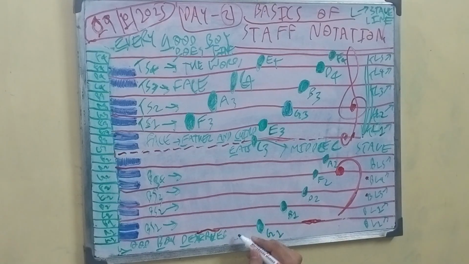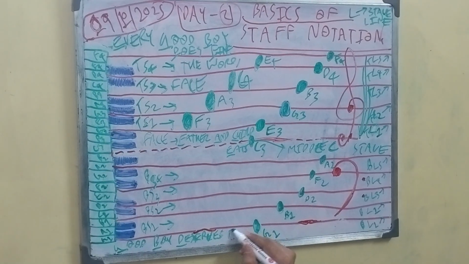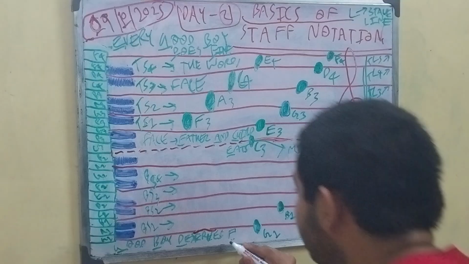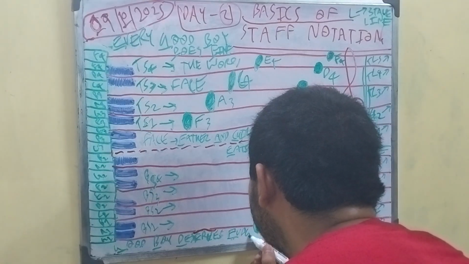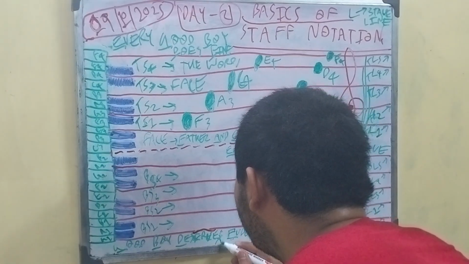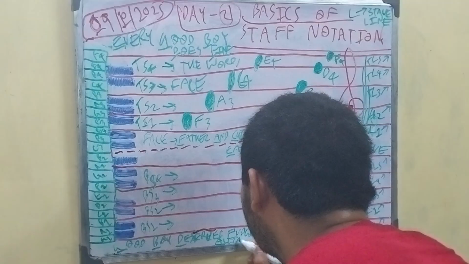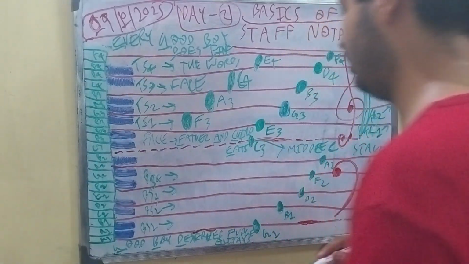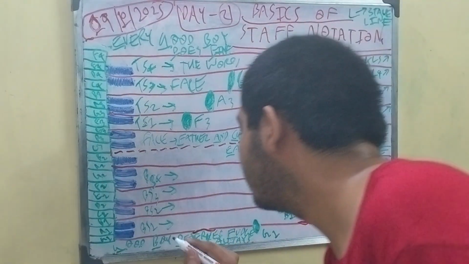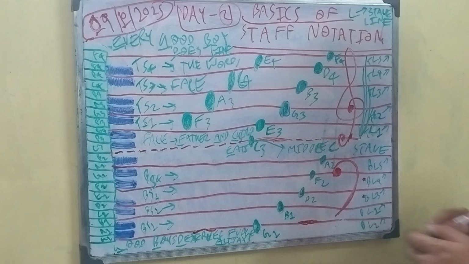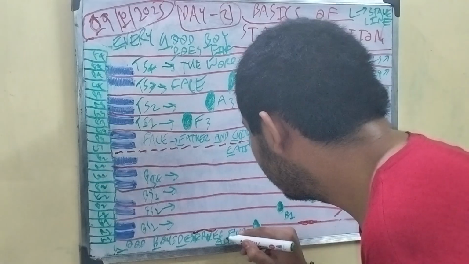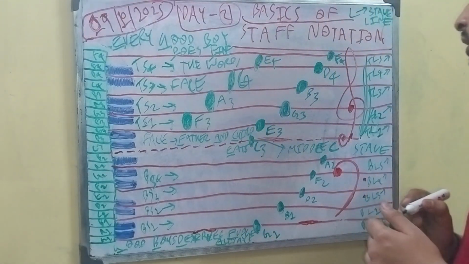So F for fudge, and A for always. Good boys deserve fudge always. GBDFA. Good boy deserves fudge always.